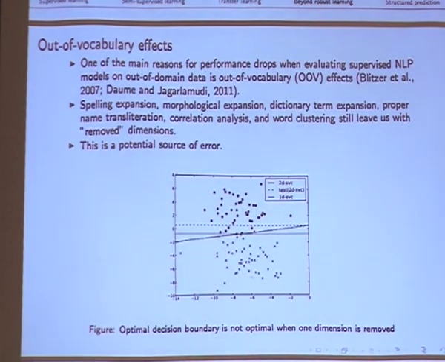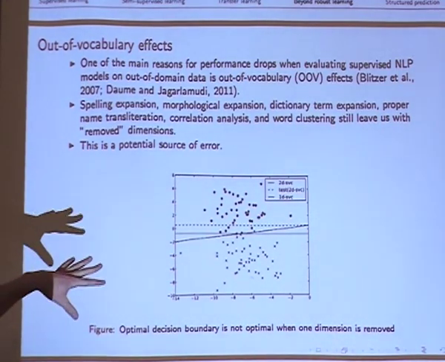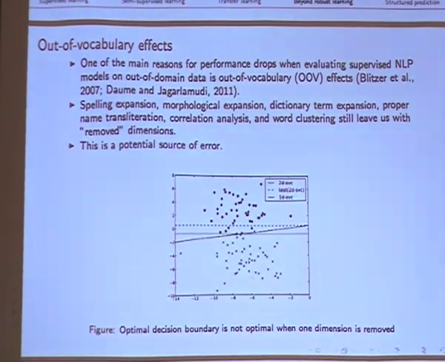And word clustering is very popular too, and that's all relevant. But all these different methods introduce noise, and they don't solve the problem 100%. So this is just complementary to that. It shouldn't introduce too much new noise, and you can just add it on as an independent module if you like.